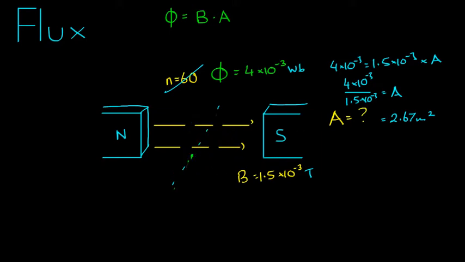If I had that coil of 60 loops in another orientation, this orientation here, so that the plane of that surface is now parallel to the magnetic field lines, the flux through it is 0. It does not collect any of those magnetic field lines.